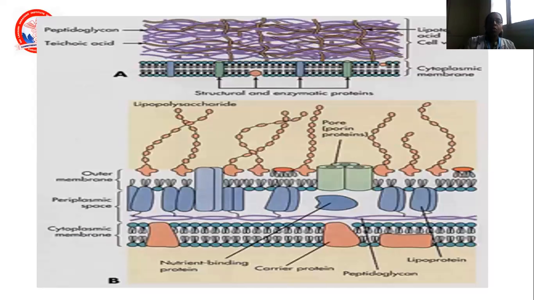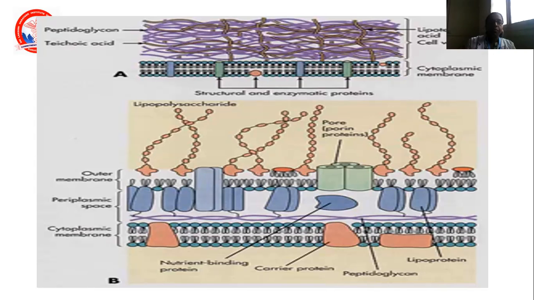Here you can see the thickness of the thick peptidoglycan seen in the gram-positive cell, whereas in the gram-negative there is lipopolysaccharide which is loosely arranged, and there are also some porin channels seen in the gram-negative cell wall.